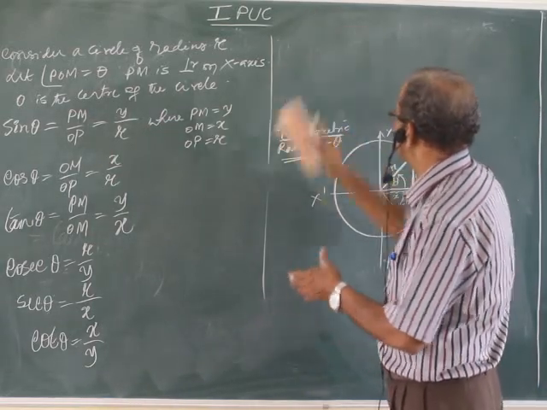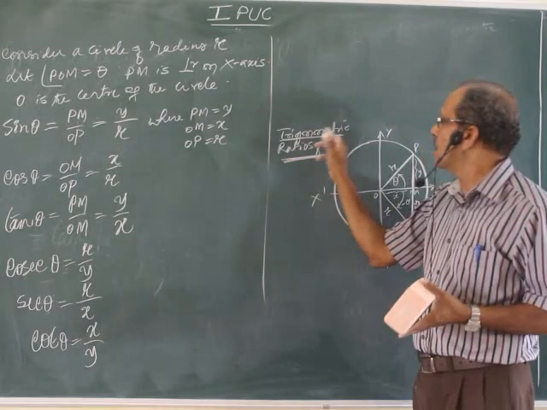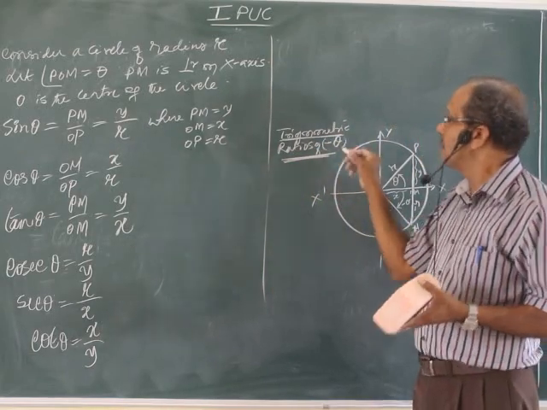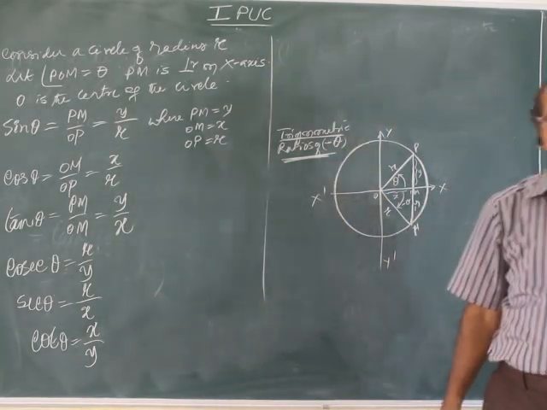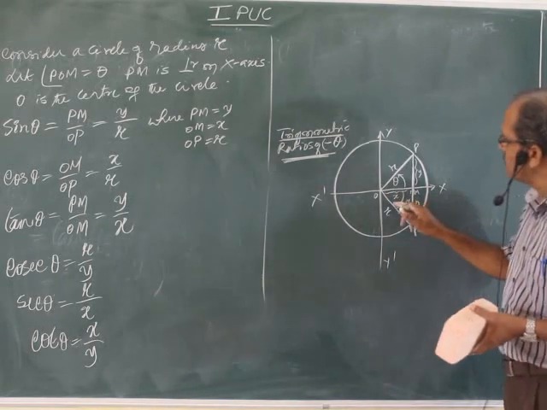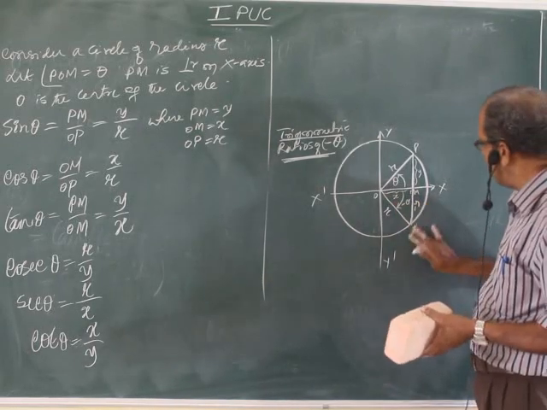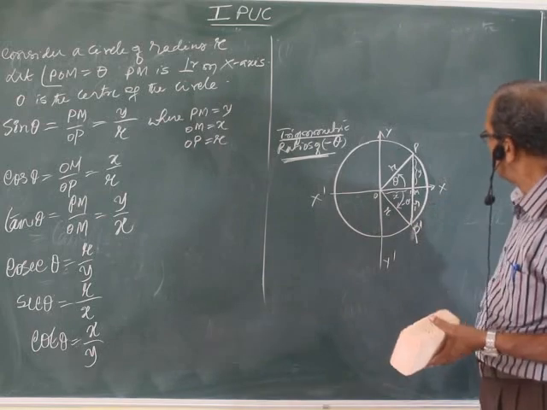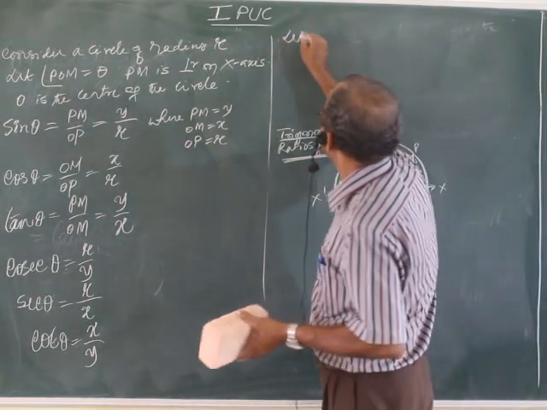Now actually I have written the side heading as the trigonometric ratio of minus theta, you want that. You can observe the triangle OP dash, draw it correctly.